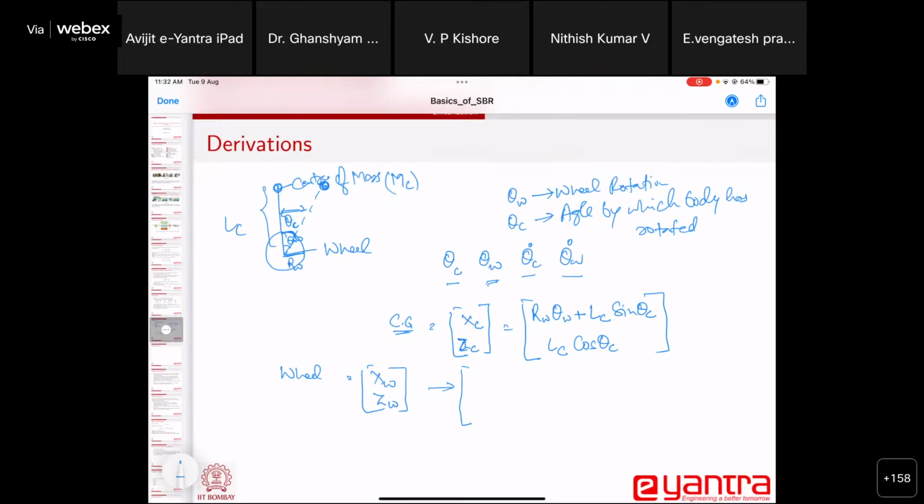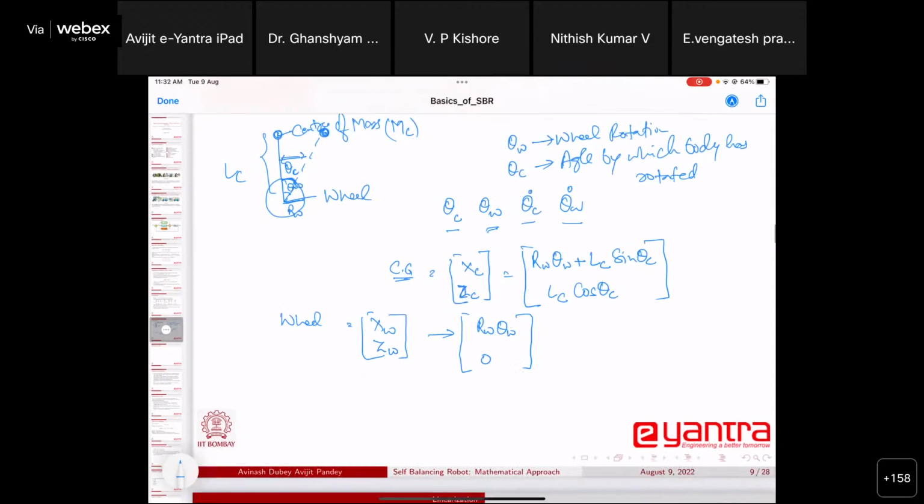Since the wheel is at a specific height, it does not move in the Z direction, so its Z component will be 0. And the same distance is moved by the wheel, theta R. Now, these are the positions of your wheel and the body, right? Now, we will try to form the Lagrangian function.